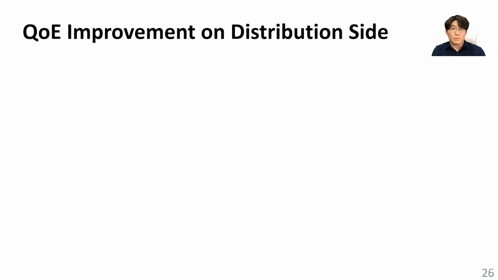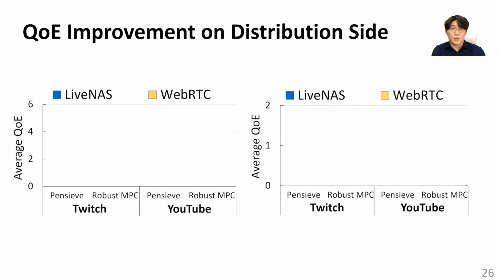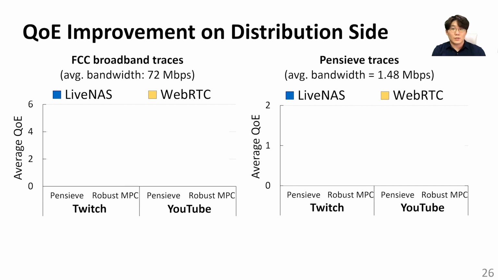Finally, we show you the impact of LiveNAS on the distribution side. To quantify this, we measure the QoE of viewers at the distribution side. We used Pensieve and robust MPC as adaptive bitrate algorithms and simulated adaptive streaming on 2 traces. One is the downlink traces from FCC broadband, and the other is the traces from Pensieve.